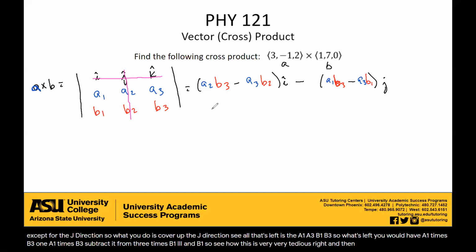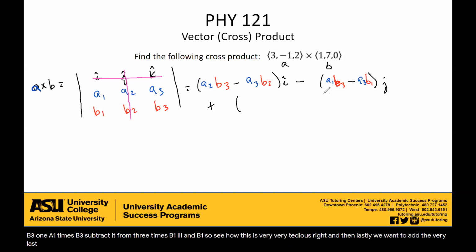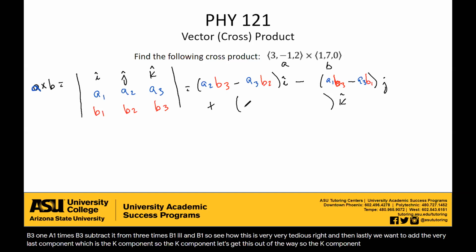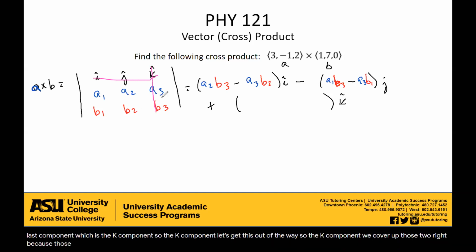And then lastly, we want to add the very last component, which is the K component. We cover up those two, because those are the row and column in which K lies. What we're left with is A1, A2, B1, and B2.